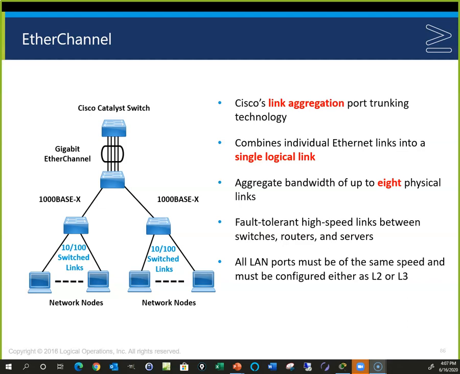They also have to be configured as either a layer 2 or a layer 3. We can configure layer 3 EtherChannel on layer 3 switches if we needed to do that to give us the high speed. And this would go back to the servers. Say we had a server that we needed high-speed connections to, maybe a database server.